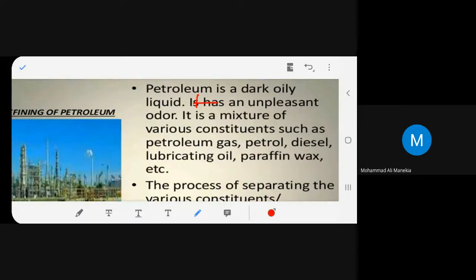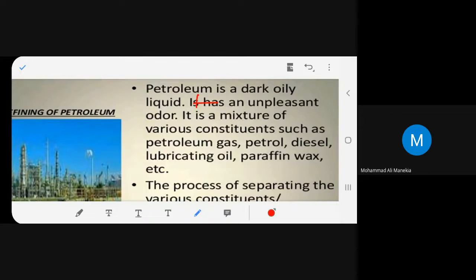Petroleum is a dark, oily liquid. It has an unpleasant odor. You will not stop in between the words. The first thing that you have to learn. Do it again, beta. Read from the beginning. Petroleum is a dark oily liquid.